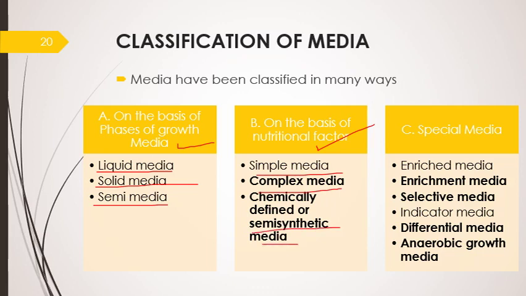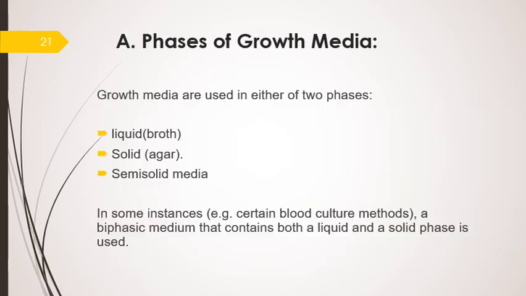Let's start from our first category of media, that is related to the phases of growth media. Here the growth media are used in either of two phases. One is liquid, also referred to as broth. The second is solid, referred to as agar media, and the third is semi-solid media.